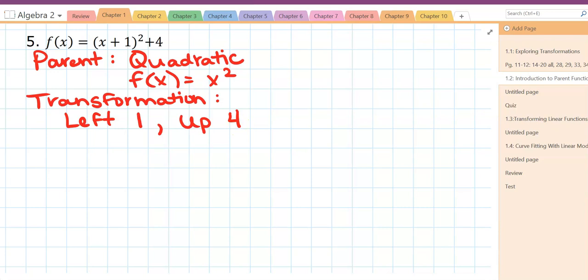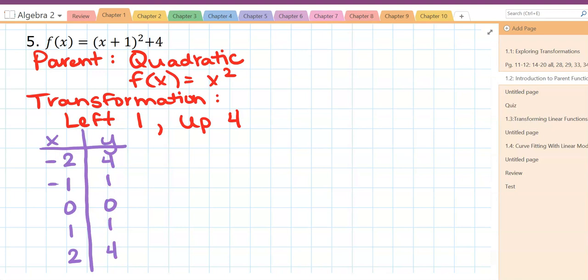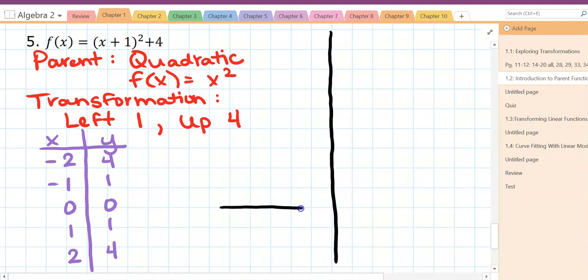So we have that chart from number 2 that we did earlier. We can use that same chart for the parent function. I'm going to graph those same points from my parent function.